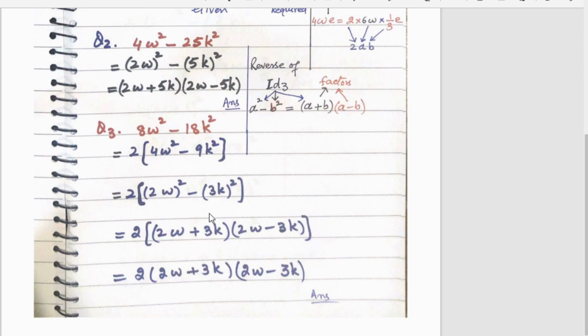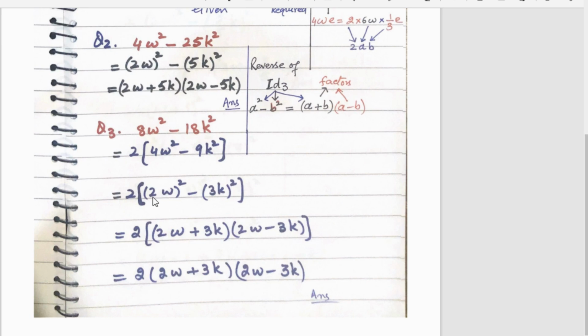You should always check when you convert some term or number into another form. You should check whether we are getting it back or not. If you are not getting it back, it means your conversion is wrong. Okay. Now come to the next step, 2 as it is. We have now again a square minus b square.